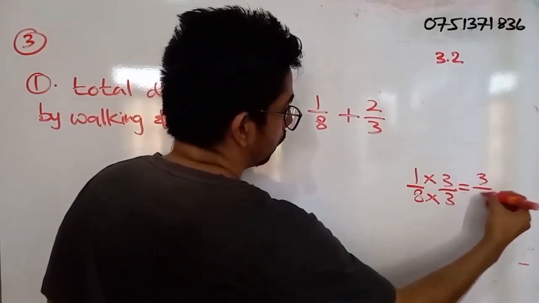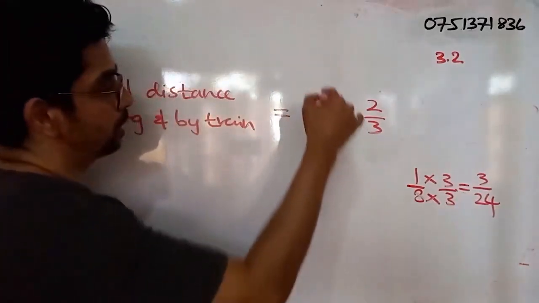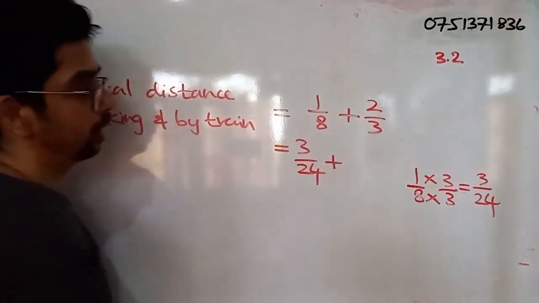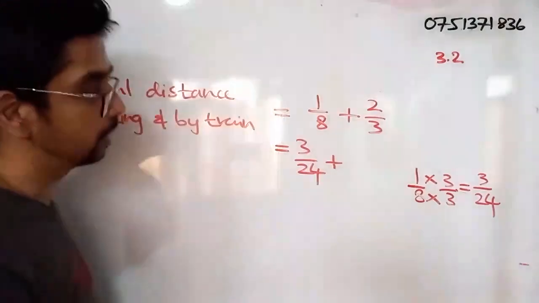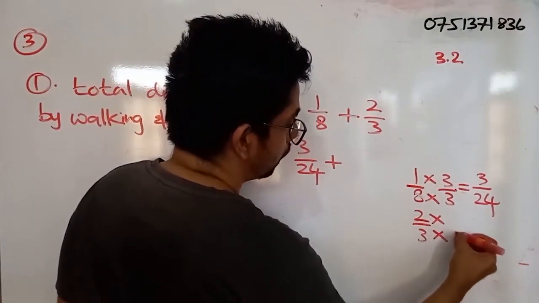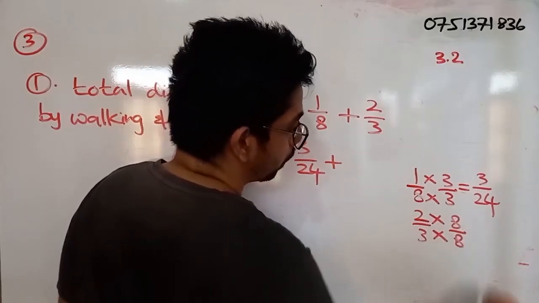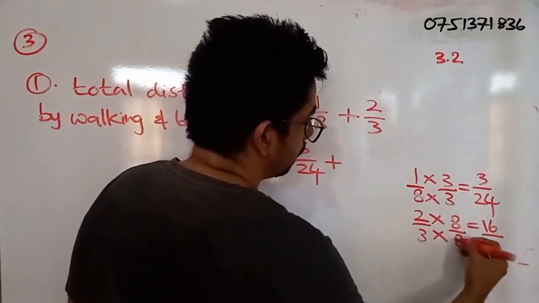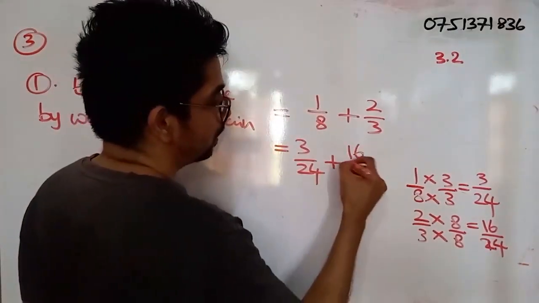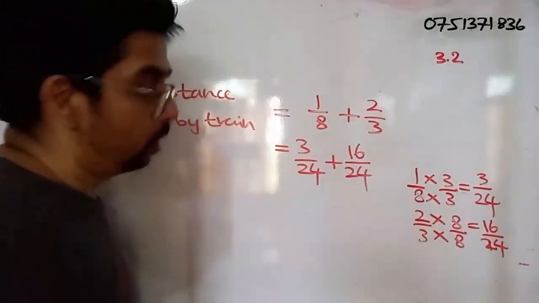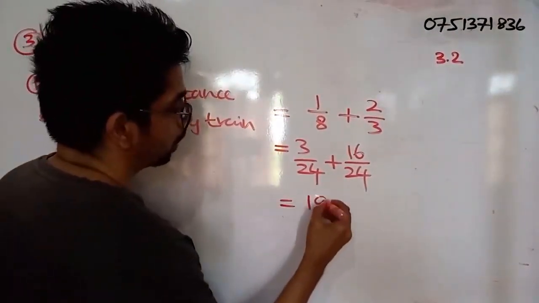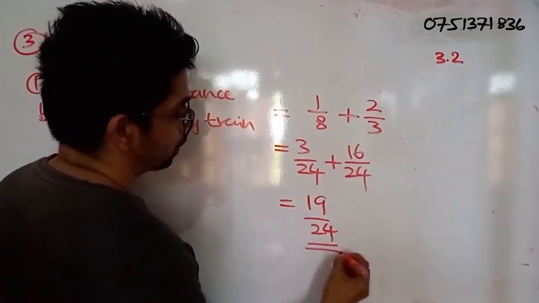Then I get 3/24. So instead of 1/8, I can use 3/24. Why? These two are equivalent fractions. Then 2/3, I have to multiply the denominator and the numerator by 8. So 8 times 2, I get 16. 3 times 8, I get 24. So here I can use 16/24. Right? So when I add these numbers together, I get 19/24. So that is the total amount.